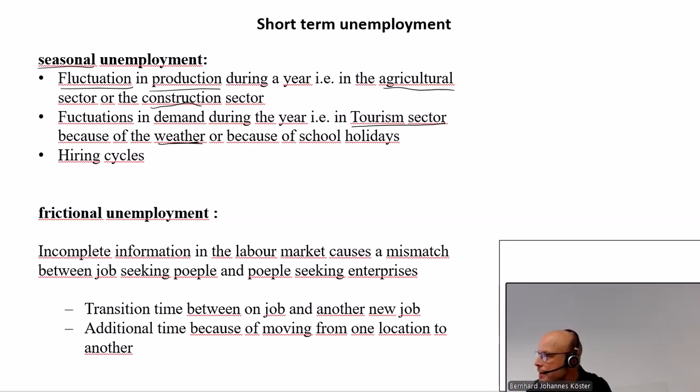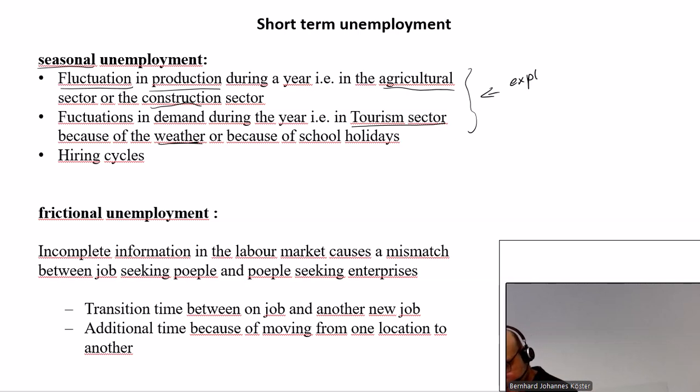And what else do we see? With this we can, so to speak, explain the decrease in spring, because coming from winter, the agricultural and construction sectors and so on are picking up.